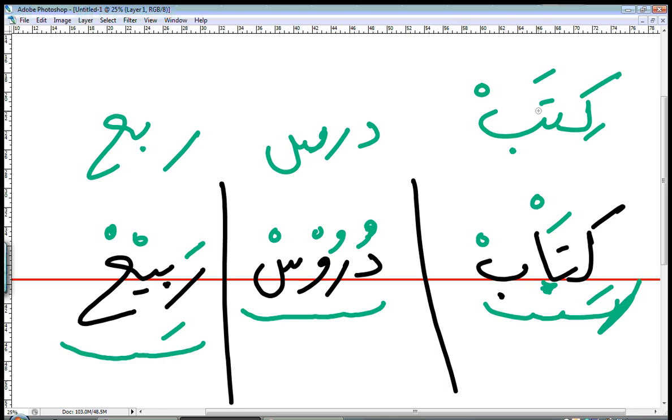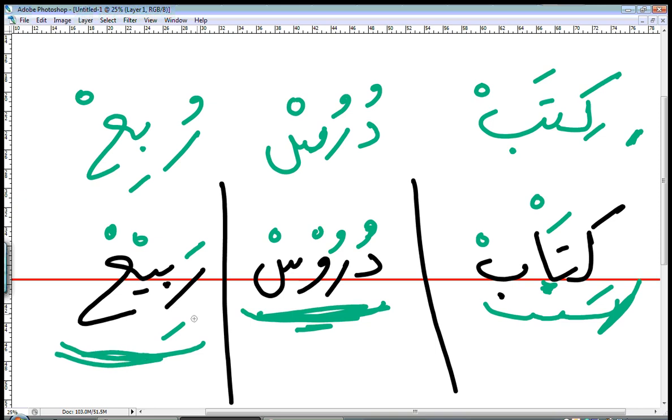Can you tell which is which? I hope so. Same here. Durus, durus. Rabi', rabi'.